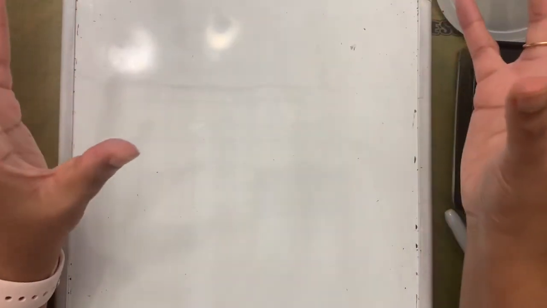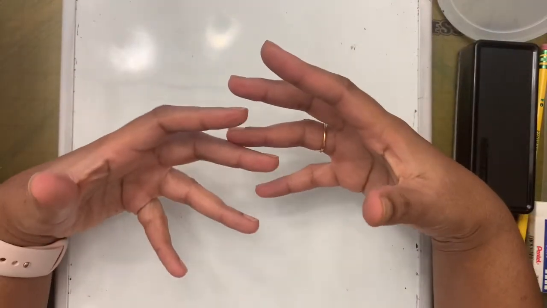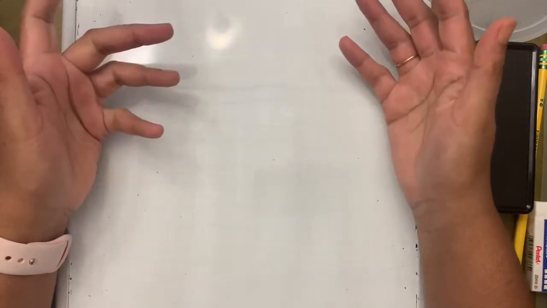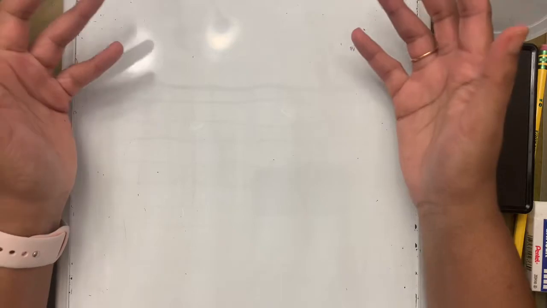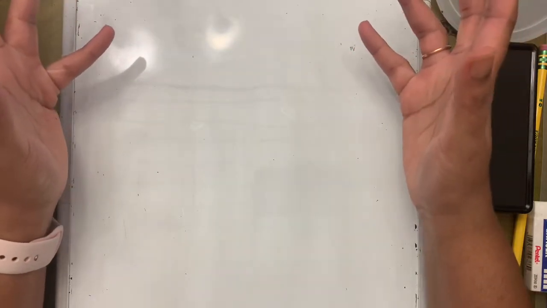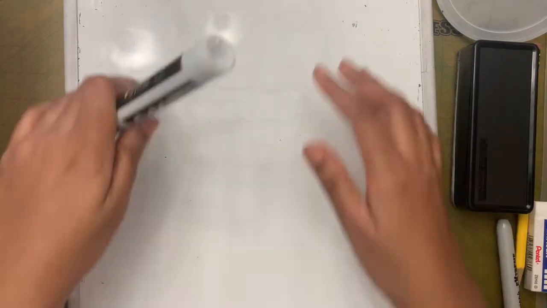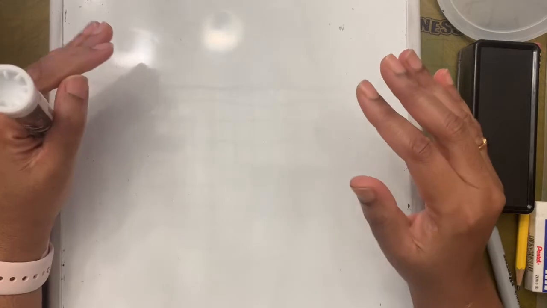So we are going to incorporate all these three things and make a landscape type of art. Let's see what we are drawing. We are going to draw a sun.